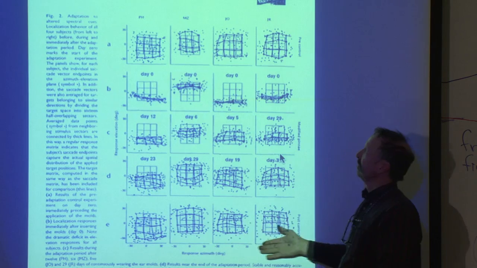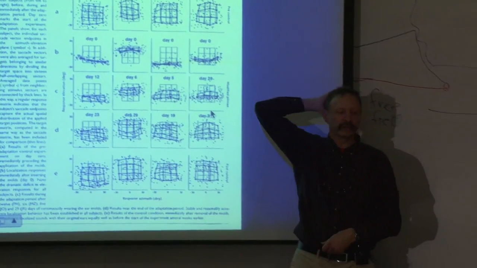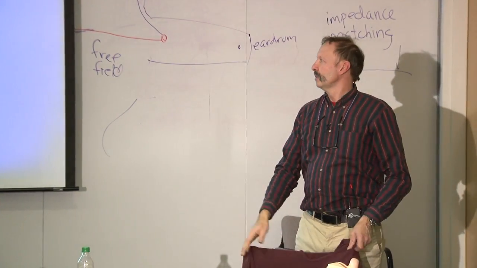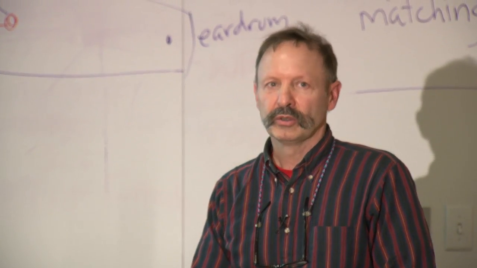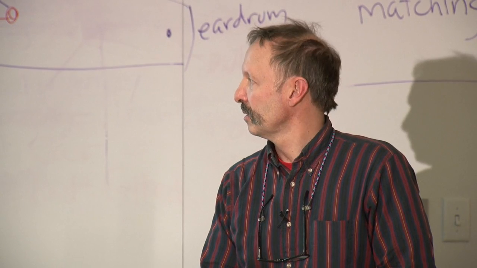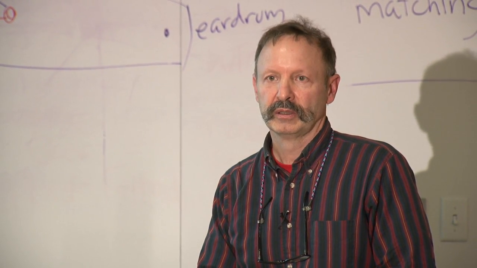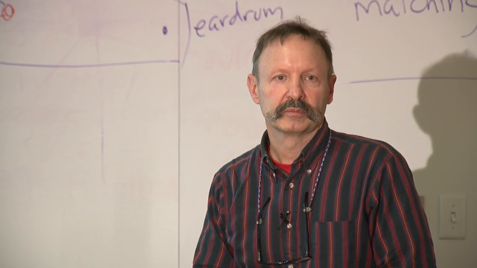So that's why it's called relearning sound localization with new ears, or distorted ears. So this is an example then of subjects learning to associate these new cues with the old sound localization positions. So that's the take-home message from this research report by Hofman et al.